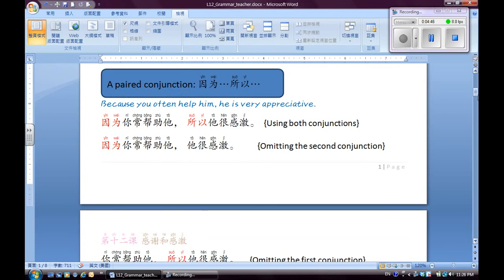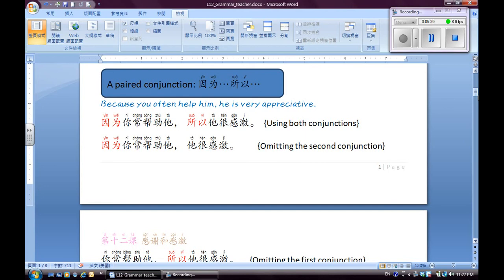The first one, of course, let's start with 因为所以. Here are three examples. They all mean the same thing, but you can see sometimes the second conjunction is omitted, sometimes it's the first one, but they still mean the same thing. Because you often help him, he is very appreciative. 因为你常常帮助他，所以他很感激。In the first example, I'm showing you both conjunctions.